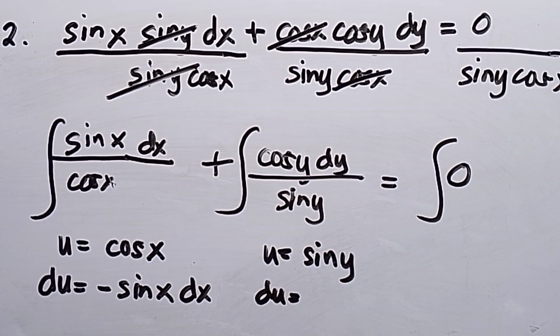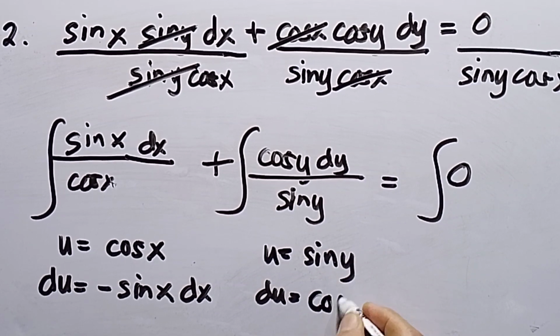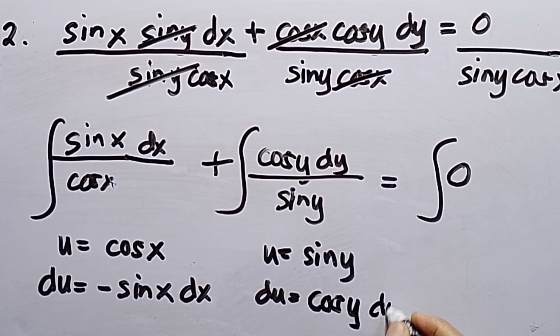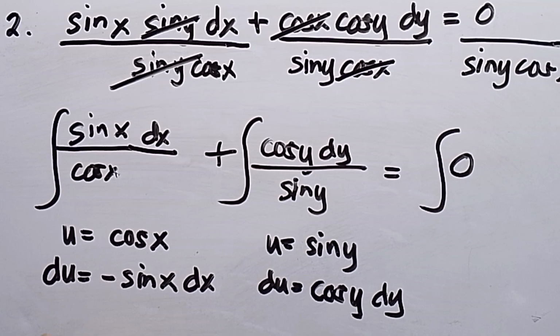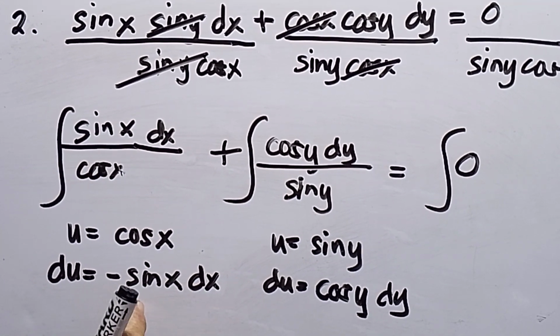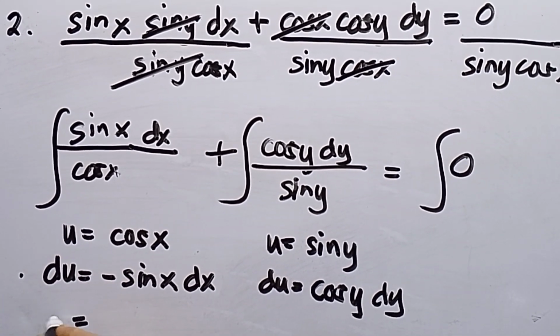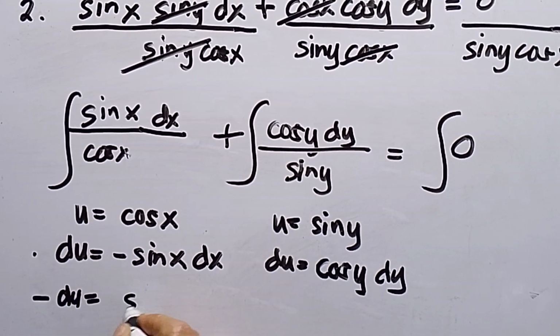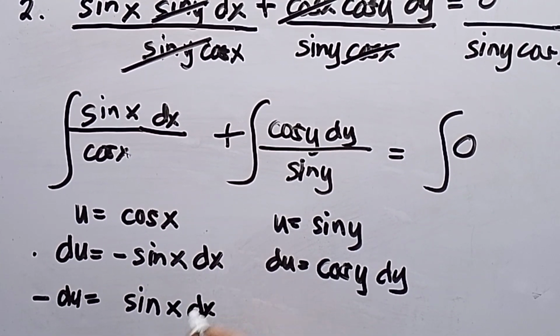Then du will be positive cosine y dy. So for sine x dx, I need to transpose the negative, so negative du will be sine x dx.